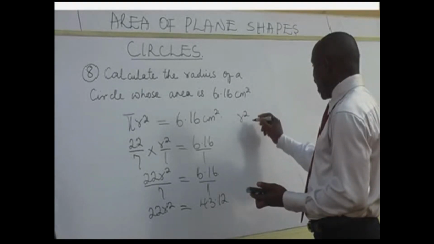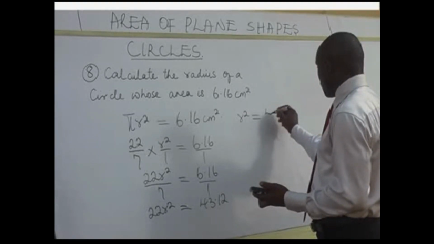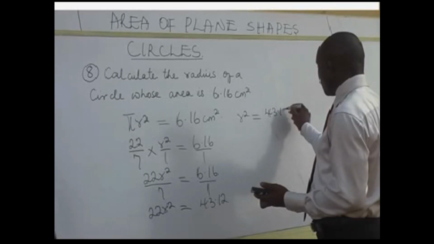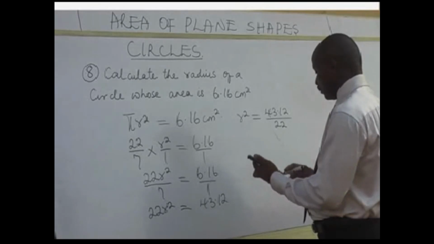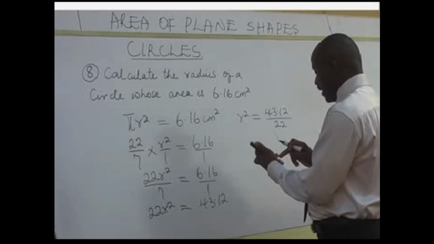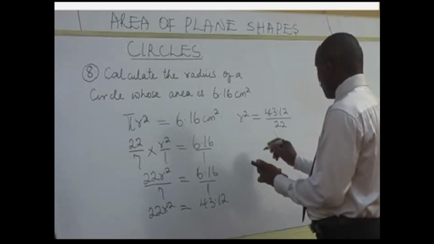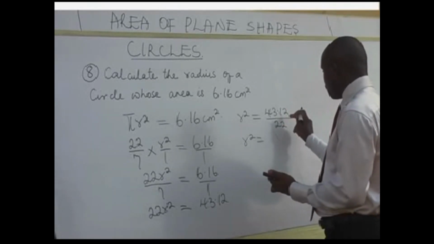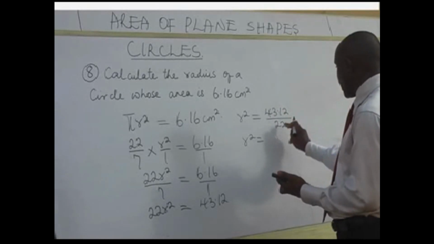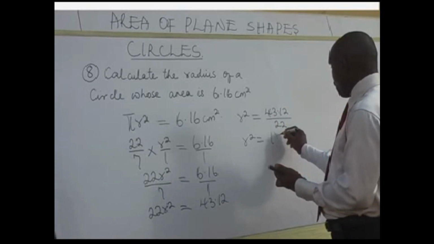So we're going to have r squared is equal to 43.12 divided by 22. Just divide this by 22. R squared, I could get the division of 43.12 by 22 to be 1.96.